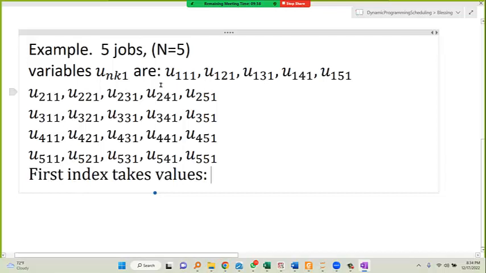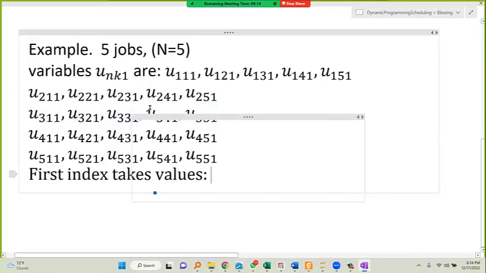No, see, there are 3 indices here: the first index, the second index, the third index. In this case, the first index is 2, the second index is 5, the third index is 1. So what values can the first index take? The first index takes values from 1 to 5.